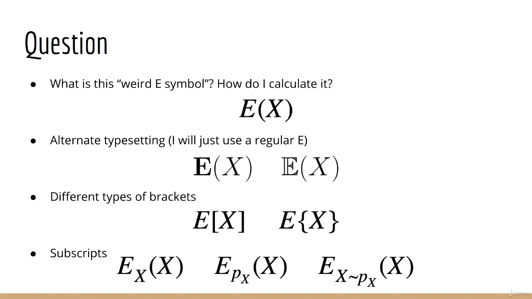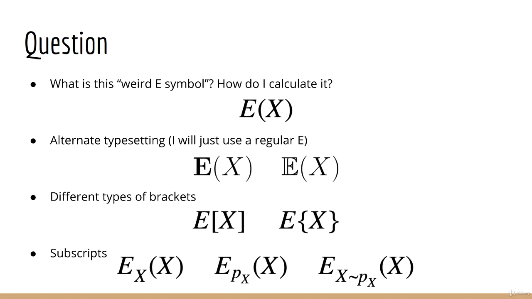In addition, you might see this with round brackets, square brackets, or squiggly brackets. All are fine. Finally, yet another nuance you may encounter is that sometimes the E will be subscripted by a letter corresponding to a random variable, or it may be subscripted by whatever symbol you are using to represent the distribution of that random variable. And sometimes there will be no subscript at all. Usually that's because it's pretty obvious what distribution we're referring to.